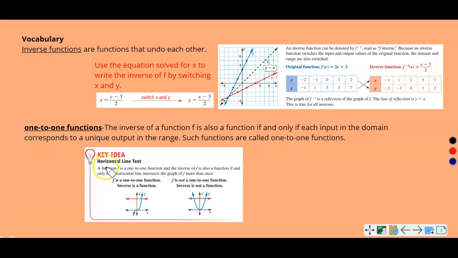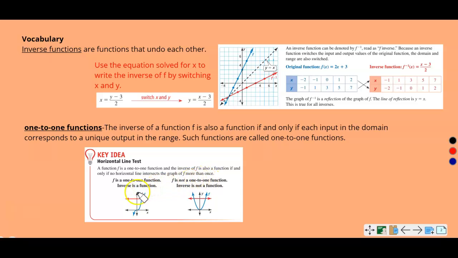Well, now we're going to look at the horizontal line test, which is going to help us determine whether the inverse is a function or not. This one says a function f is a one-to-one function, and the inverse of f is also a function if and only if no horizontal line intersects the graph of f more than once.